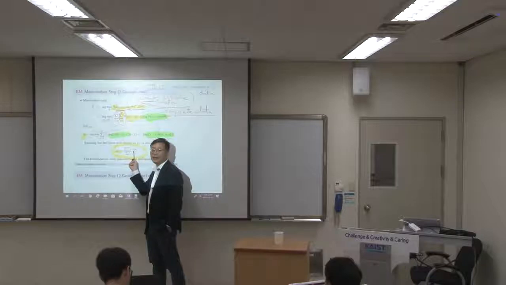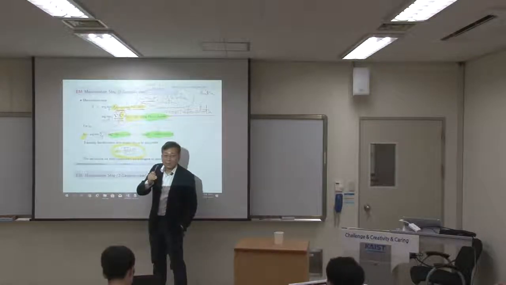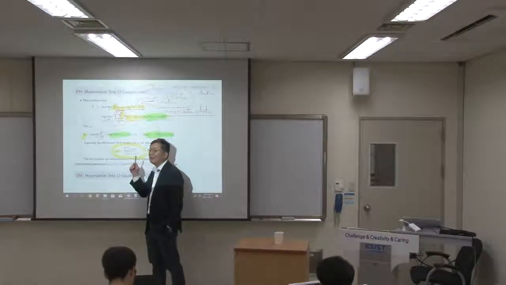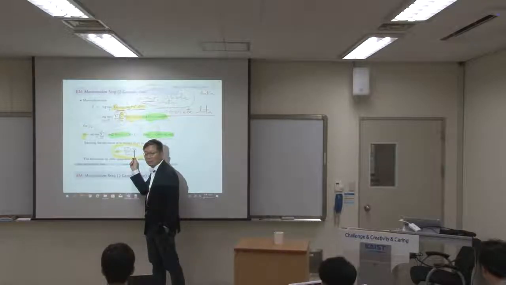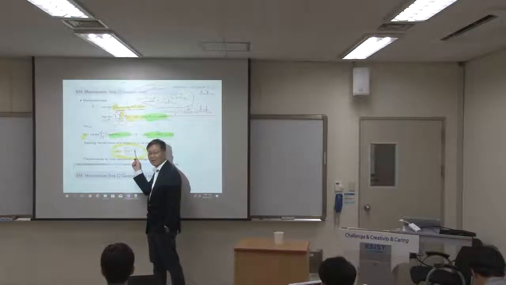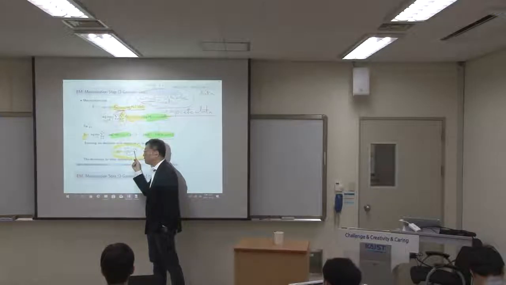Gamma i says the probability that xi is in class 1. Probability of class 1 of data xi. So xi is in class 1 with this weight.